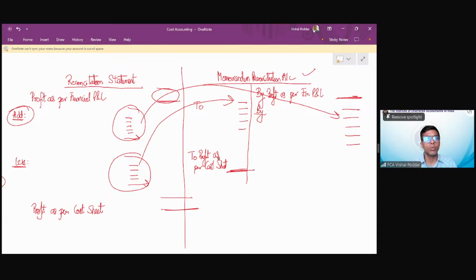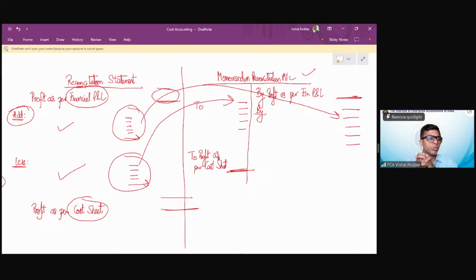Now the only point to be understood is what differences we have to add, what differences we have to subtract. Also, opening balance can be the financial profit and loss figure, or in some cases it will be the cost sheet figure. Whatever it is, what to add, what to subtract, this is the main question.